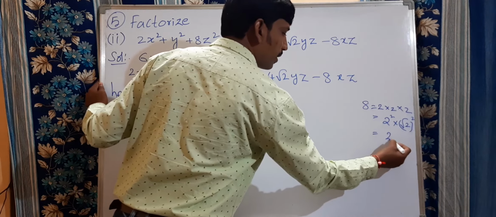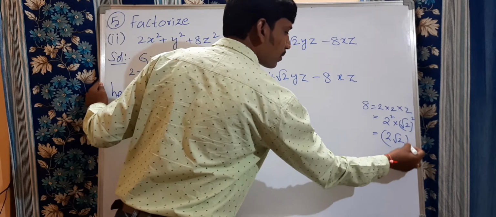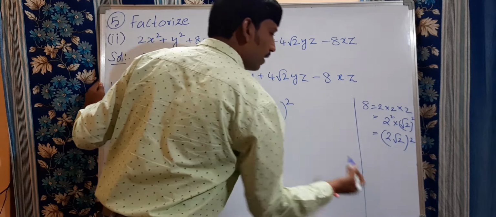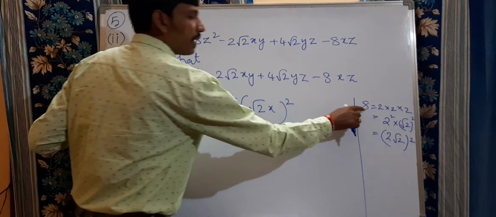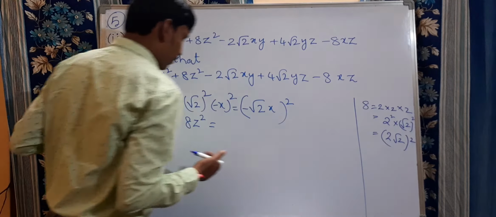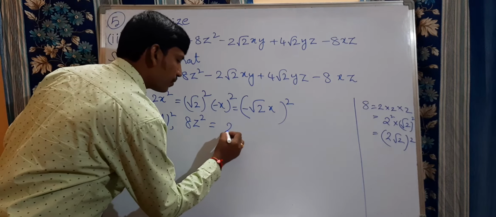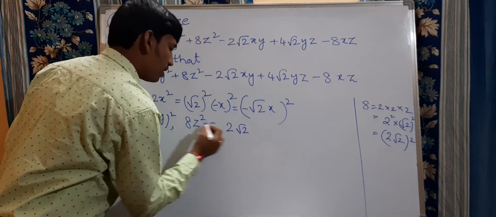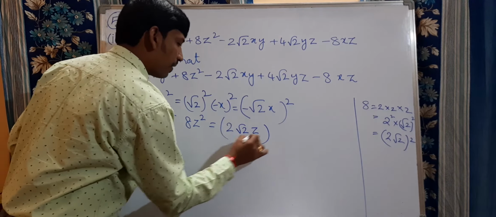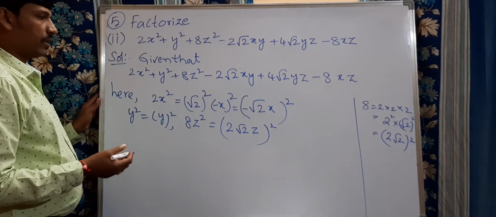So this is nothing but 2 into root 2 whole square. Clear? So 8 can be written as 2 into root 2 whole square. So 2 into root 2 z whole square. This is the third term.